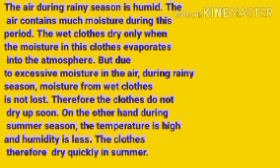But due to excessive moisture in the air during rainy season, moisture from wet clothes is not lost. Therefore, the clothes do not dry up soon. On the other hand, during summer season, the temperature is high and humidity is less. The clothes therefore dry quickly in summer.